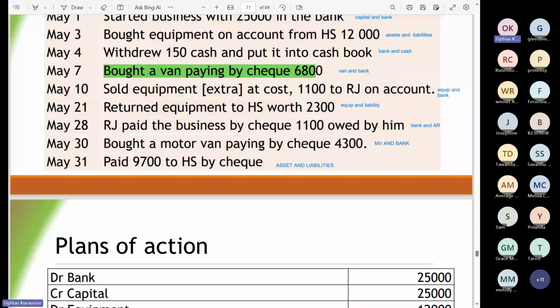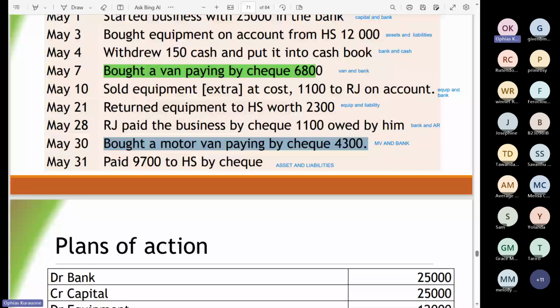So you should make sure that you pick every transaction of motor vehicles. If you sold, it is supposed to be posted to the credit side. If you acquire, that's the acquisition of those assets, it should be posted on the debit side.